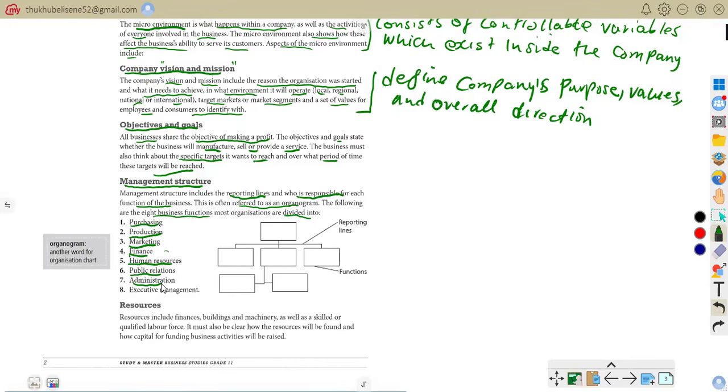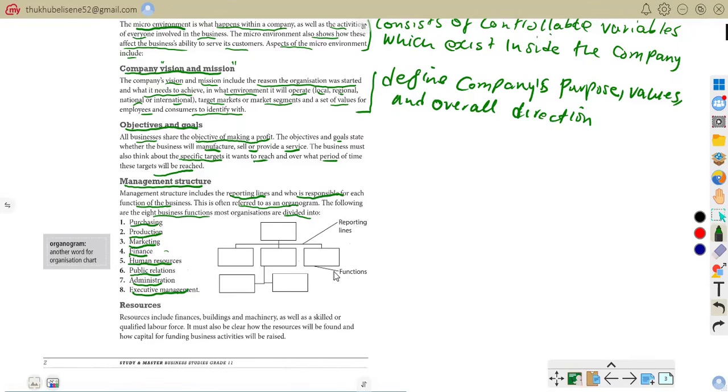Administration, all they do is to provide support and service, including the clerical, IT, facilities management. Executive management sets overall strategy, directs operations, and makes key decisions.